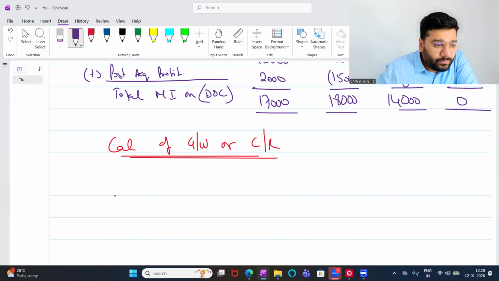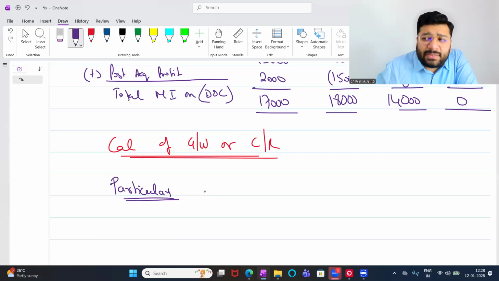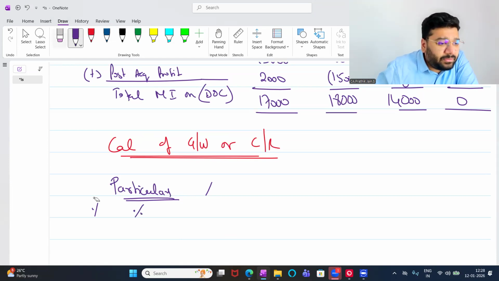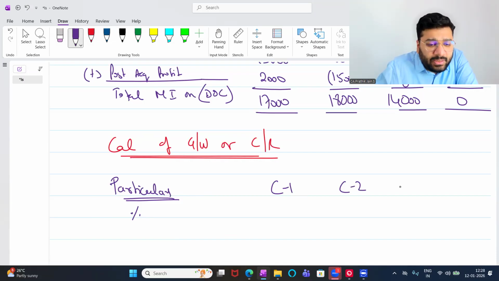Now, particulars. We need a percentage column here. Percentage will come here. Then I'll put case 1, case 2, case 3, case 4.